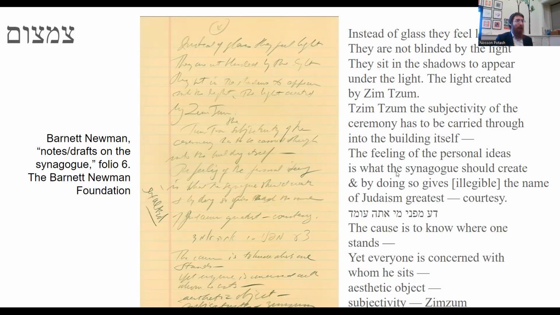It's when the individual reads the Torah, goes up on the bimah, and has this feeling of being under the light of Tzimtzum. These are his terms, right? And feels exalted in the presence of the light that flows, the divine light that radiates. That is when the art happens. The art doesn't happen when you have beautiful windows, nice design. No, that's not the art. The art is when the Torah is read.